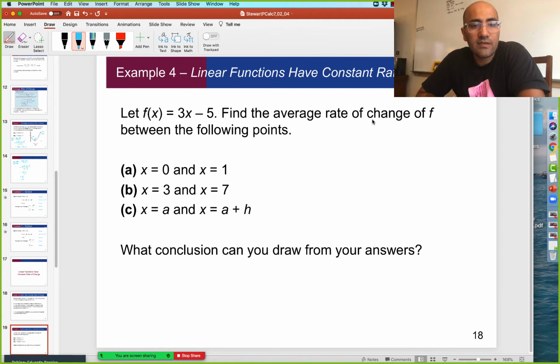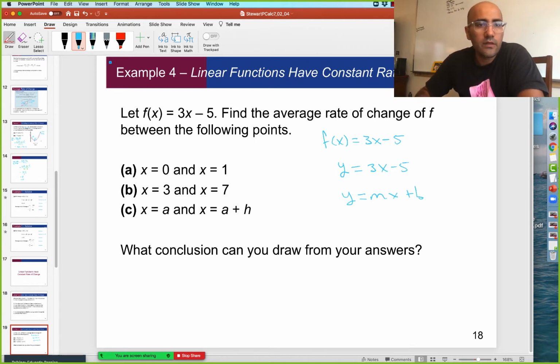So let f of x equal 3x minus 5. Find the average rate of change of f between any 2 points. Okay, so note that if we are given that f of x equals 3x minus 5, we can always go back to our standard way of describing this, y equals 3x minus 5. These two are equivalent to each other. And this clearly fits the form of y equals mx plus b, which we are very familiar with.